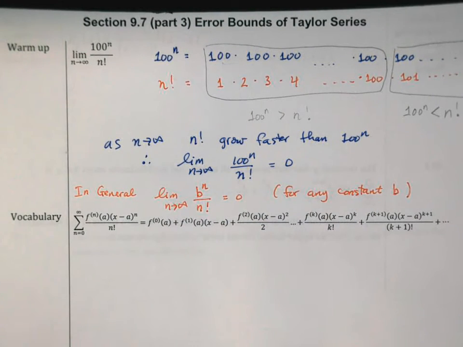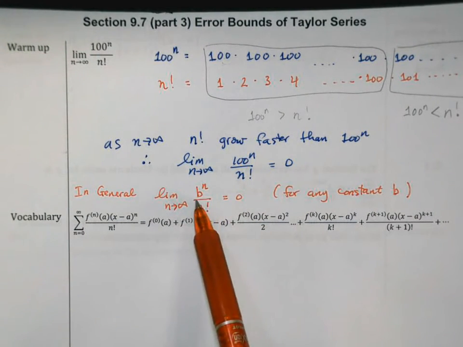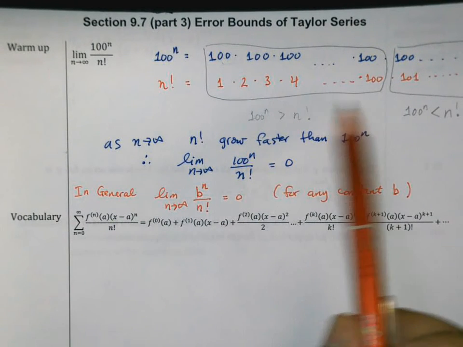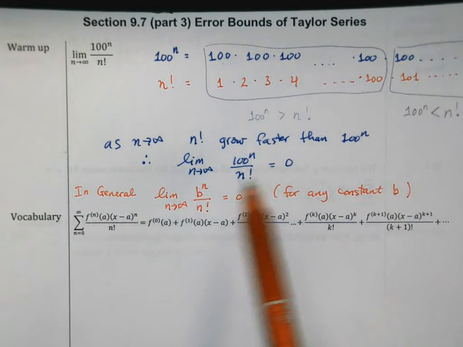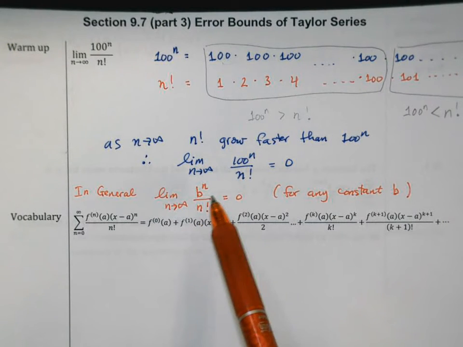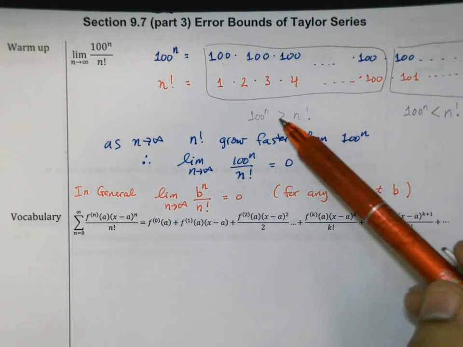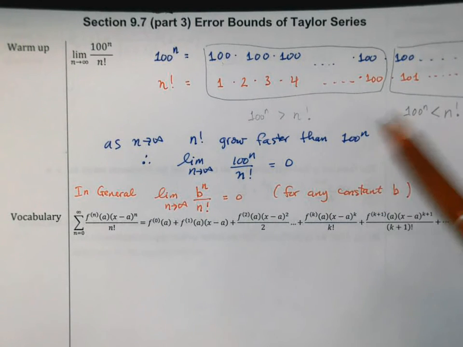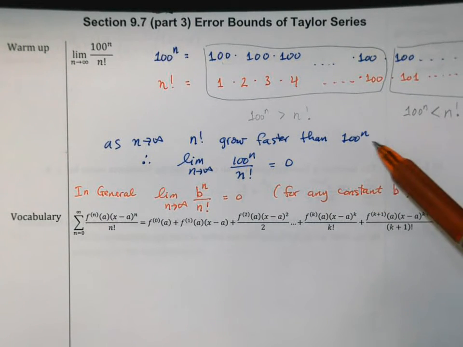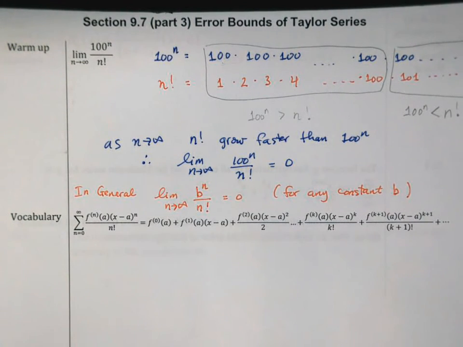So it really doesn't matter what the base is. We can repeat this process over and over again for whatever the base may be. The point is that there's a certain spot where the exponential will no longer be larger than the factorial. The factorial in the long run will simply explode compared to the exponential, no matter what the base is. So there we go.